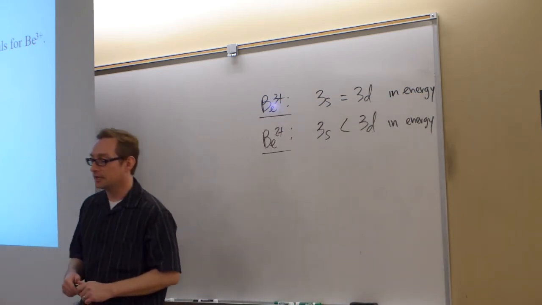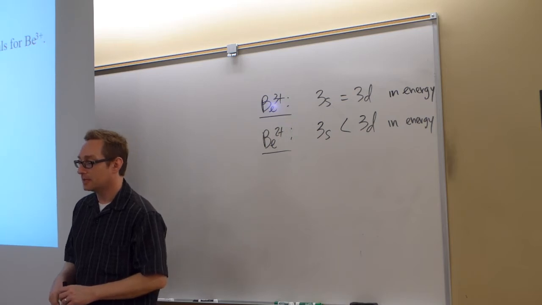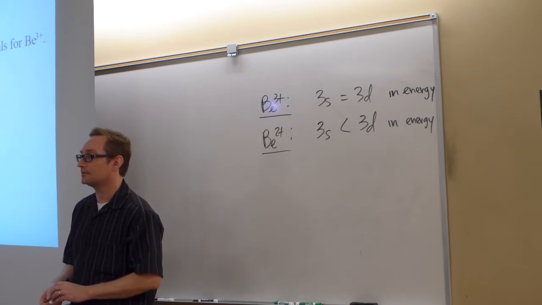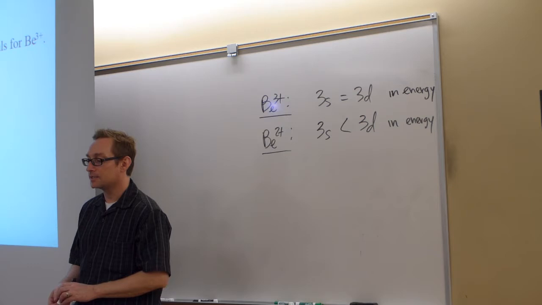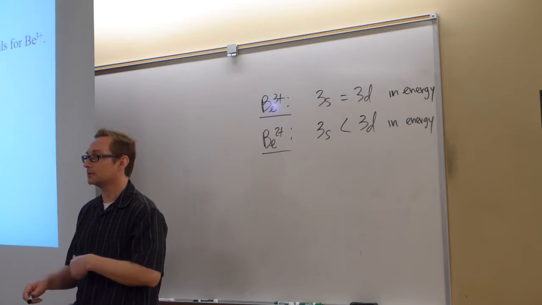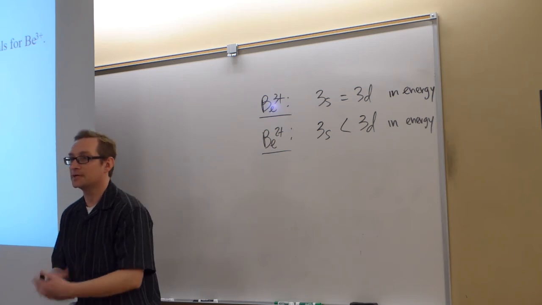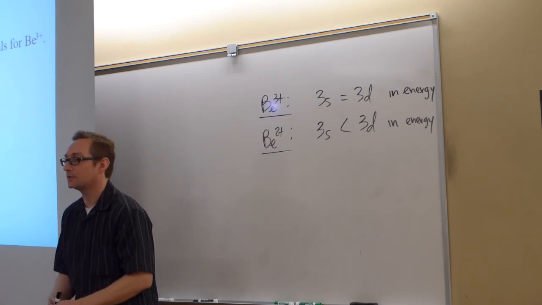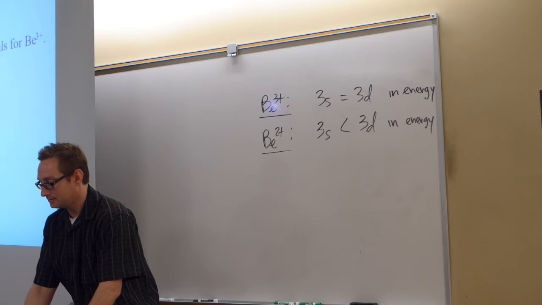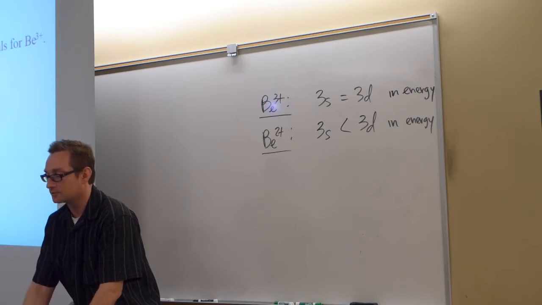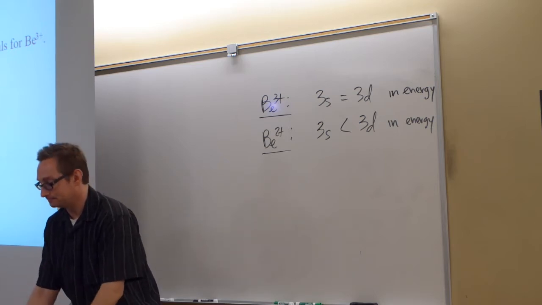So again, for hydrogen-like atoms, all the orbitals in a given sublevel are at the same energy. And why is that? Because there are no electron-electron repulsions causing this splitting or screening, as you will. There's no screening in a one electron atom, and an electron cannot screen itself. It's just what it is.